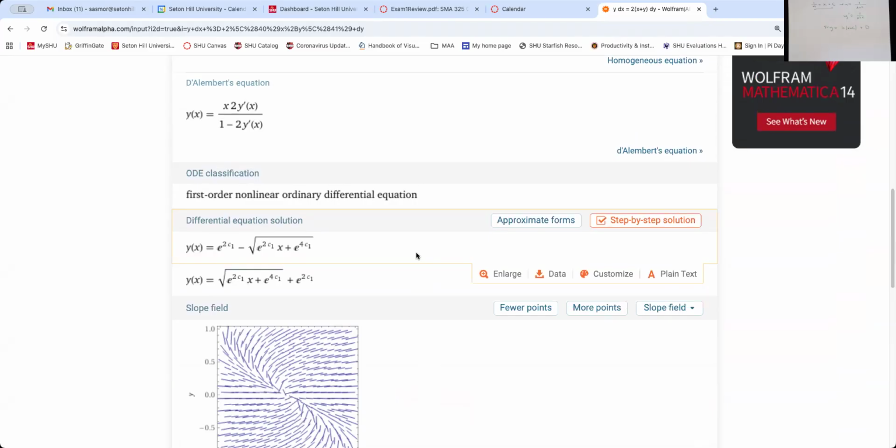So what did you get for a solution? y equals x over y plus 2, in parentheses, times e to the c. Try that thing. First one I gave was the parentheses.